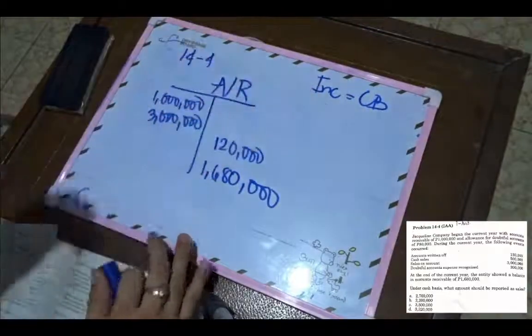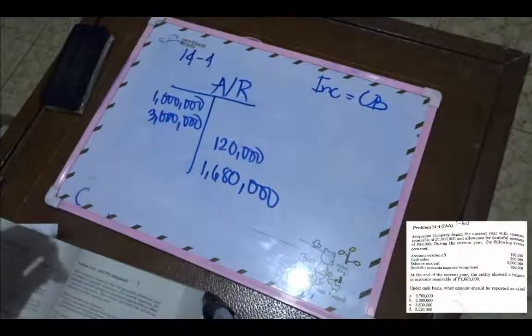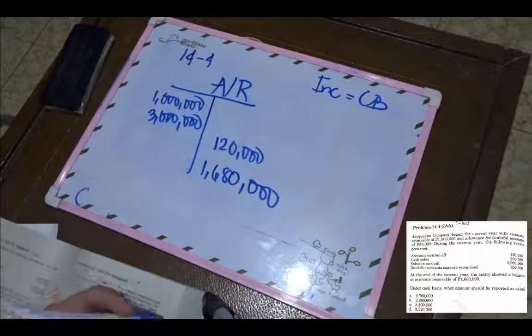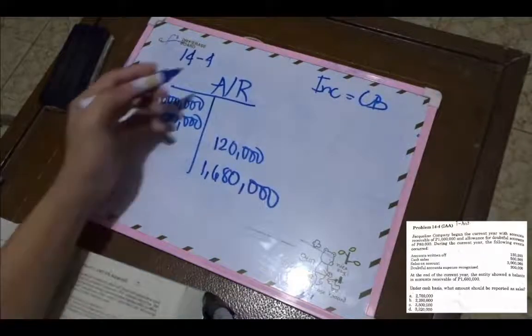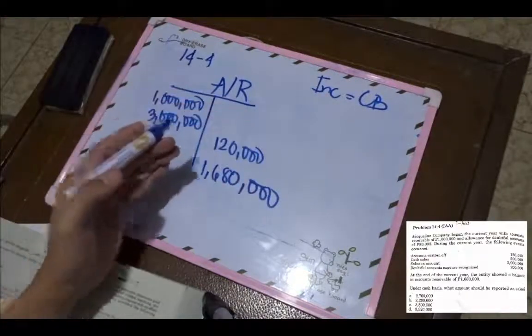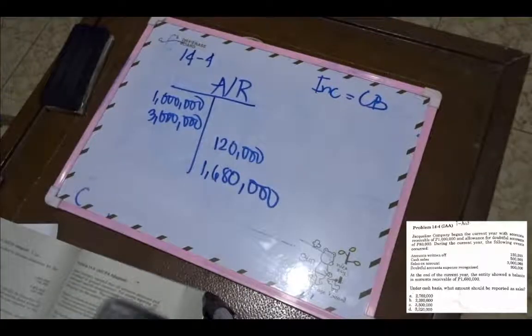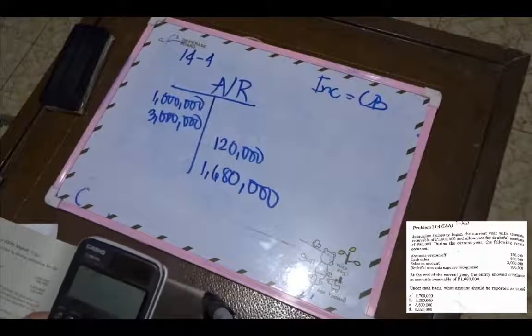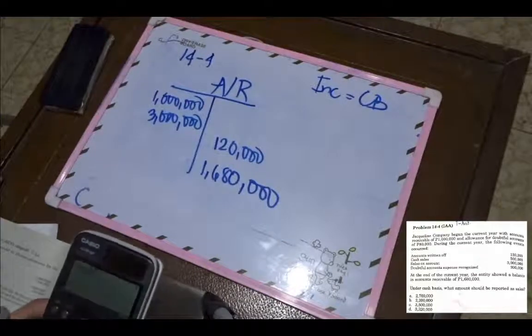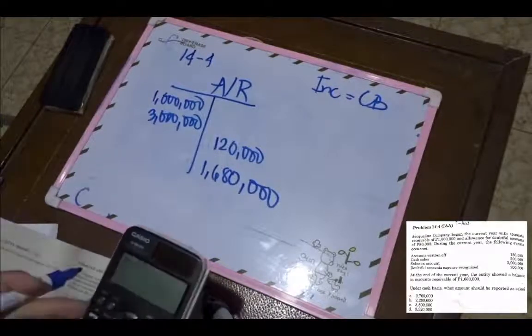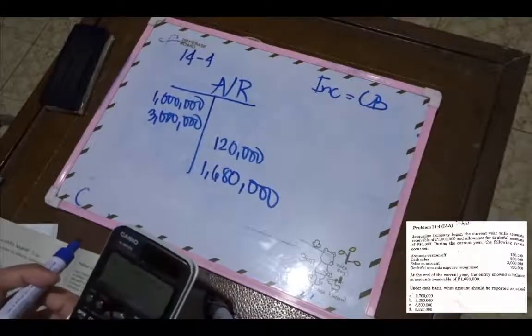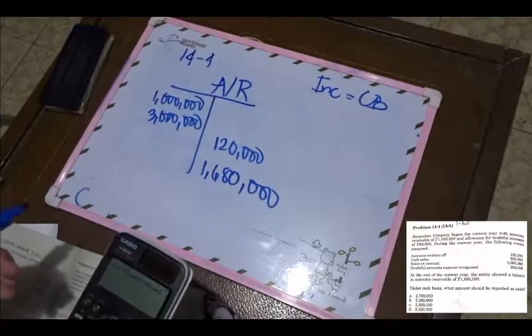So as we know, under cash basis, we add cash collections from AR and cash sales. So first we determine the cash collection and later on we add cash sales. So using this, you'll have 1 million plus 3 million minus 120,000 minus 1,680,000.